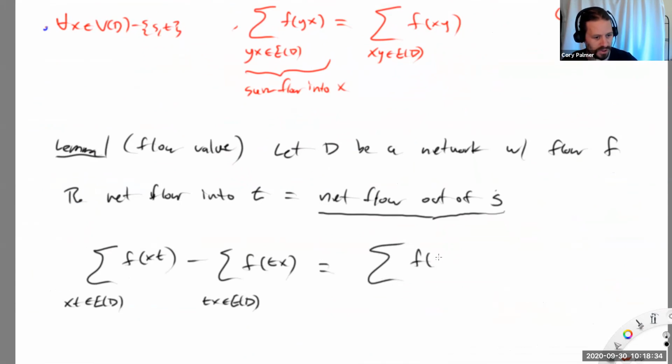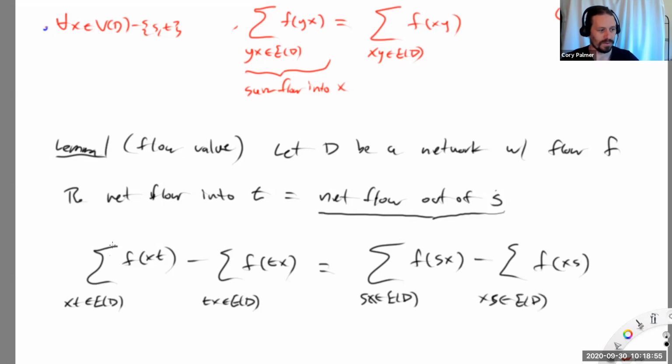So for the source, it should be sx, which is outgoing from the source, where sx is an arc, minus anything that potentially goes in, xs, where xs is an arc. So the lemma claims that the left-hand side equals the right-hand side, or in other words, the net flow into T equals the net flow out of S.